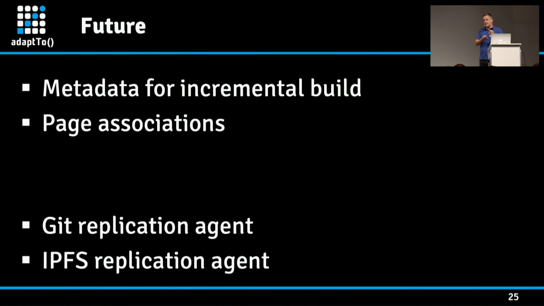To do it this way, you need something more like content sync, which can look for relationships between those pages and regenerate sets of pages based upon those changes. So it's working out those page associations, what you need to rebuild when things change.